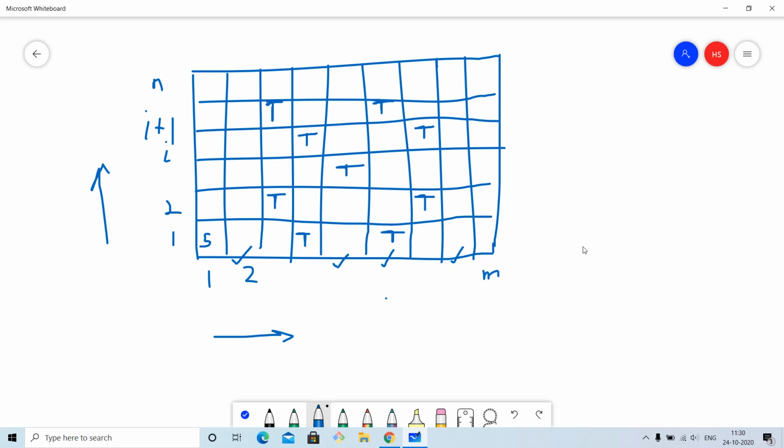Now we need to understand, in general, in the optimal answer, if we are in a given row, the ith row, we have to sweep the ith row. We have to collect all the treasure before moving to the i plus 1th row.